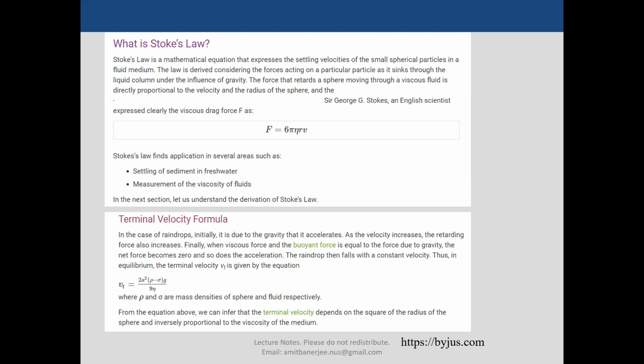The force that retards the sphere moving through the viscous fluid is directly proportional to the velocity and the radius of the sphere. And it can be expressed as this. So you basically have practical use of this kind of formula, particularly Stokes' law, where the force is given by 6 pi eta r v.